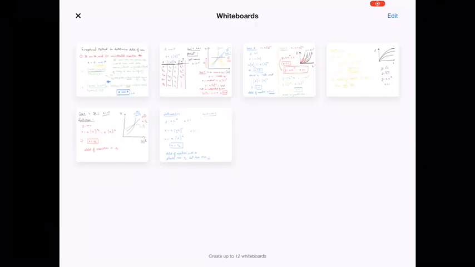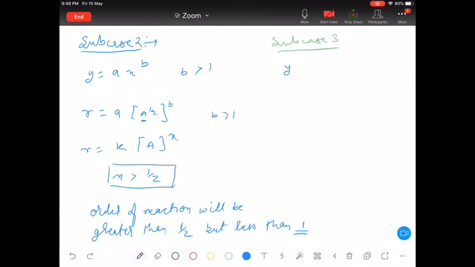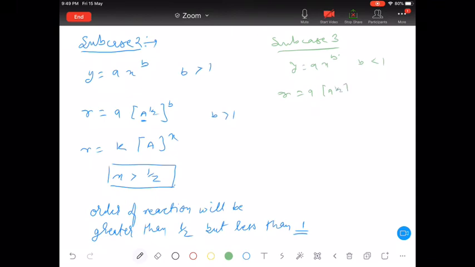In sub case 3, again y is equal to a x to the power b, where b is less than 1. So if I compare it, r is equal to a by 2 raised to the power b, where b is less than 1, with r is equal to k a to the power x. If I compare both of them, what I can say is x is less than 1 by 2.